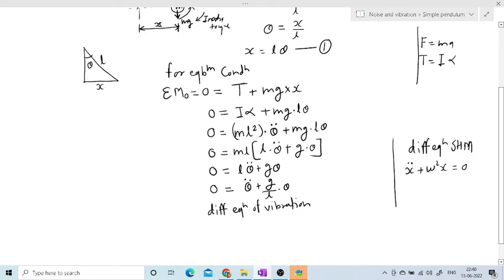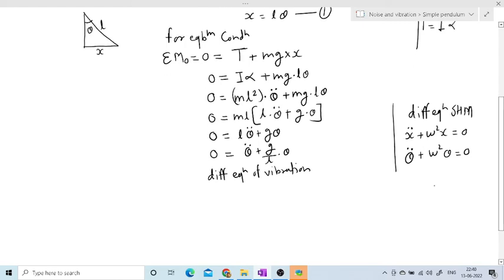I have written this equation in linear form, so I will convert it into angular: instead of x, theta double dot plus omega square theta is equal to 0. Now compare your differential equation with the differential equation of SHM, because all oscillatory motions are SHM.